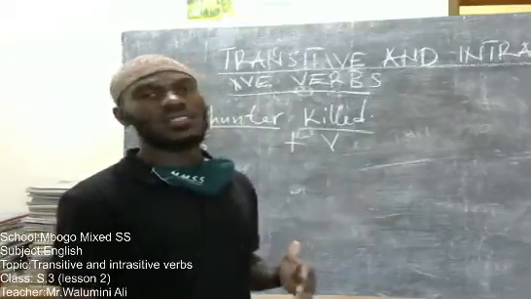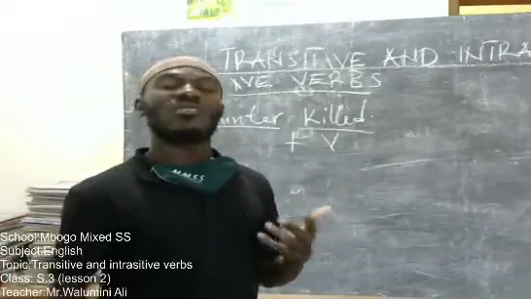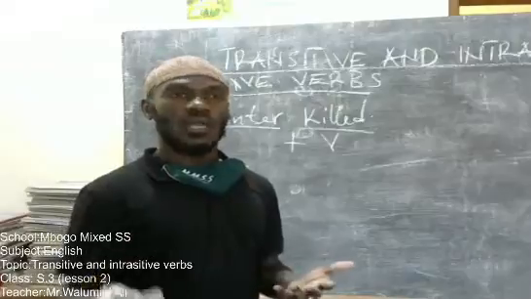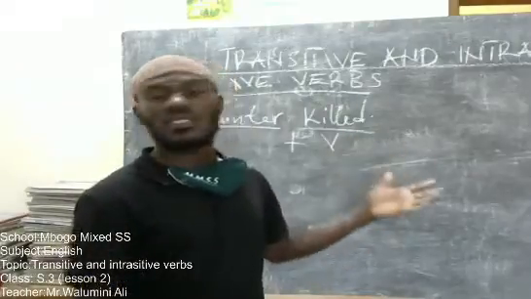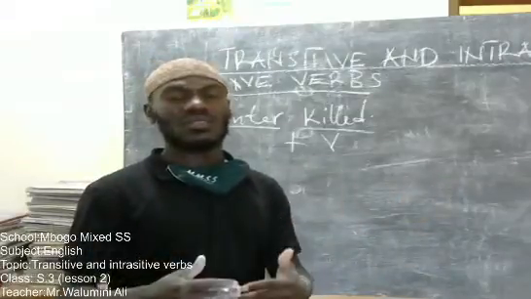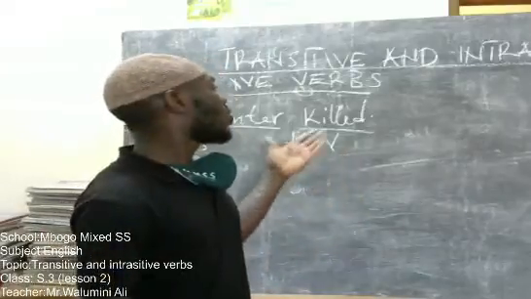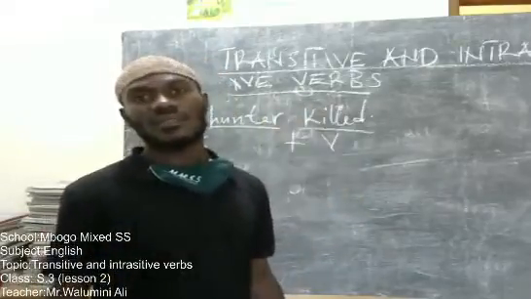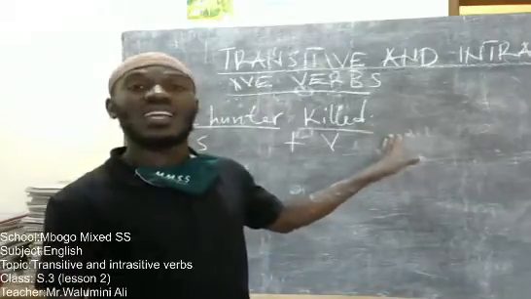Because kill is also a transitive verb, so it will require a direct object just after it to make the statement complete and meaningful. So if you are the speaker, you are required to specify, because this is a hanging statement.